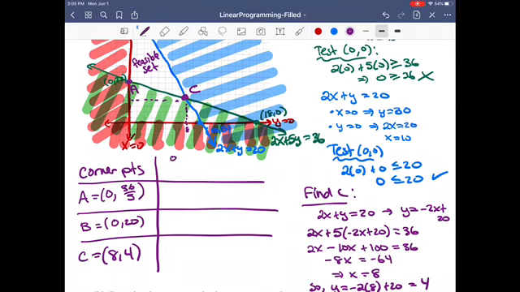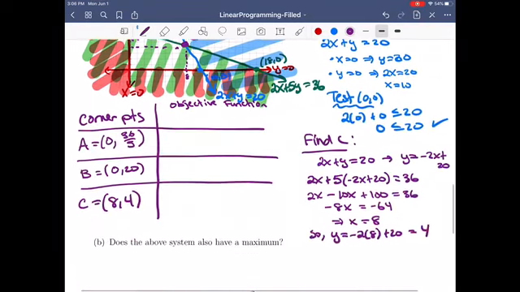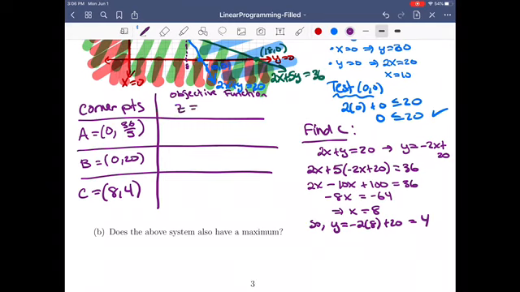And then on this side, we want our objective function. Okay, so that is the thing we haven't even looked at yet. So z is equal to 3x plus y. So when I plug each of these in, so for the first one, I have 3 times 0 plus 36 over 5.